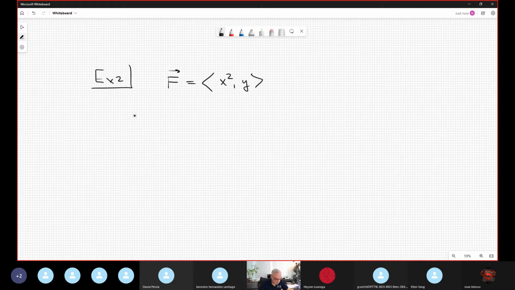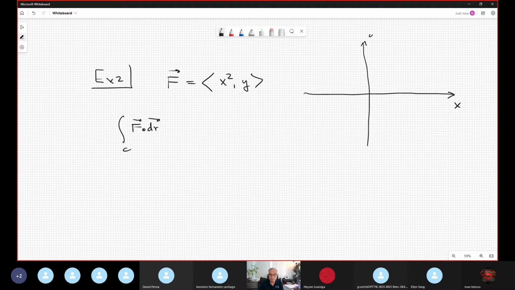I need to compute the circulation, the integral of the dot product, and the curve given in this problem is a parabola like that.